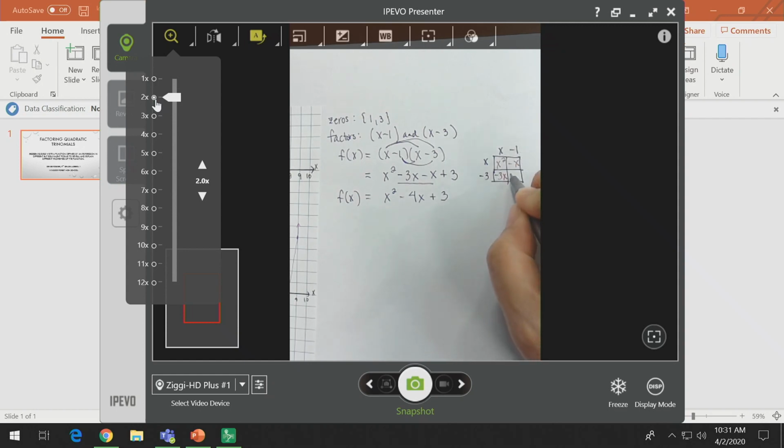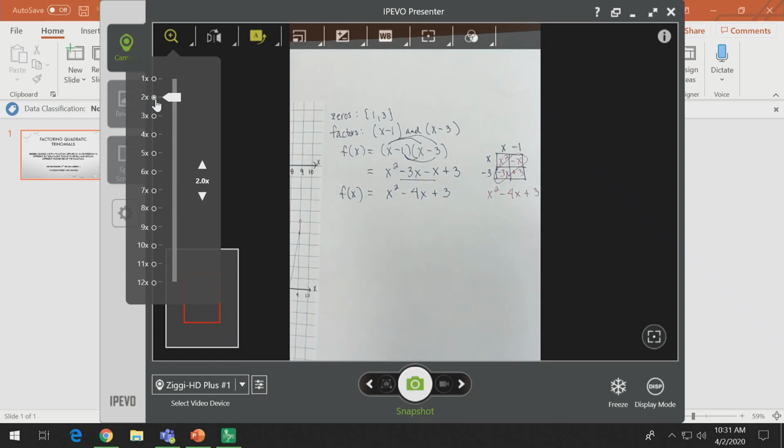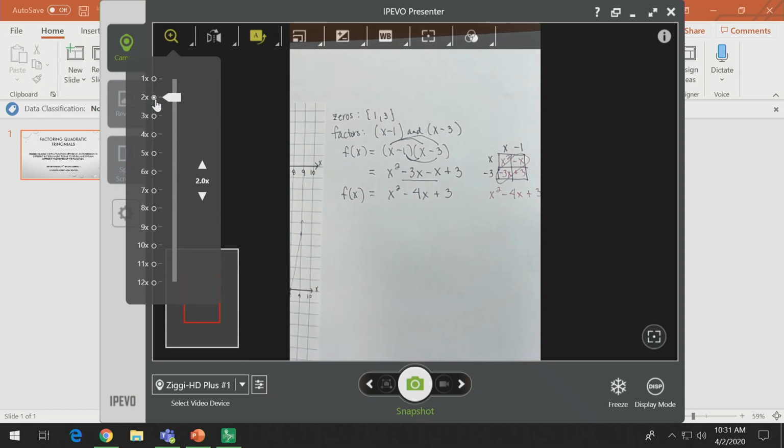And then -3 times -1 is a positive 3. If we have any like terms, they would occur in the diagonal. So when we combine our like terms, we have x squared. When we combine these like terms, we get -4x. And then we bring down our last entry of plus 3. And oh my gosh, look at that. It's just like what we got here. So you choose the method with which you're most comfortable.